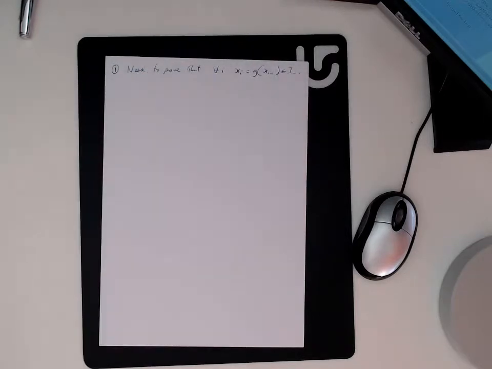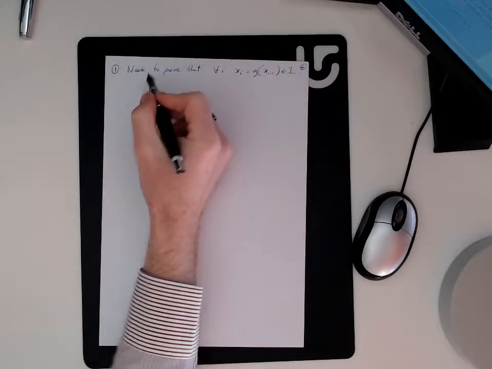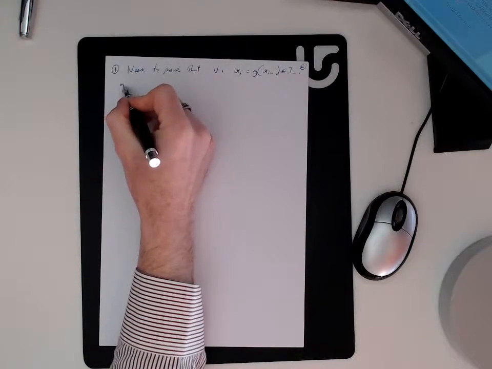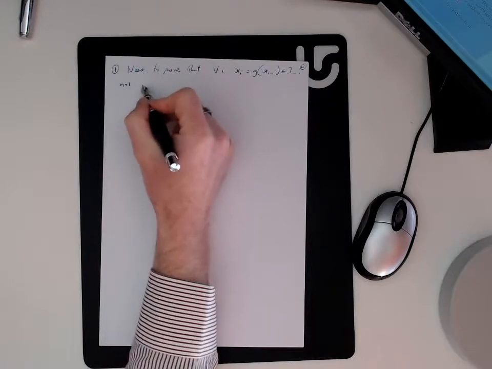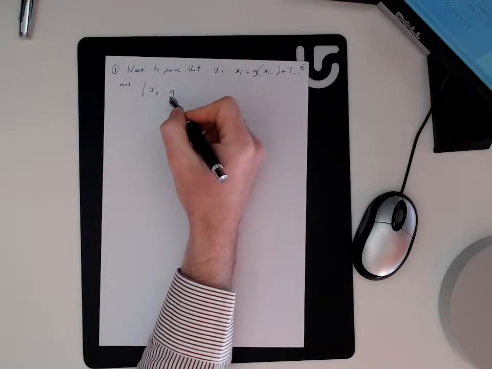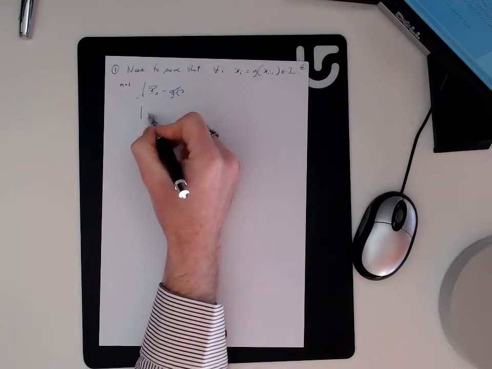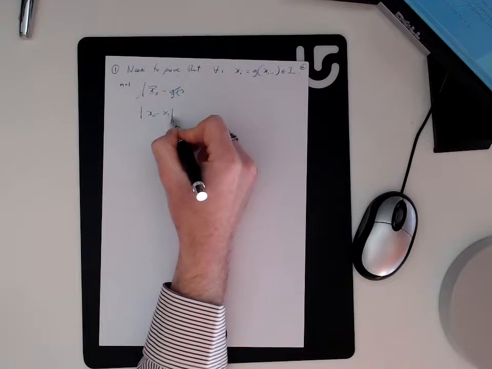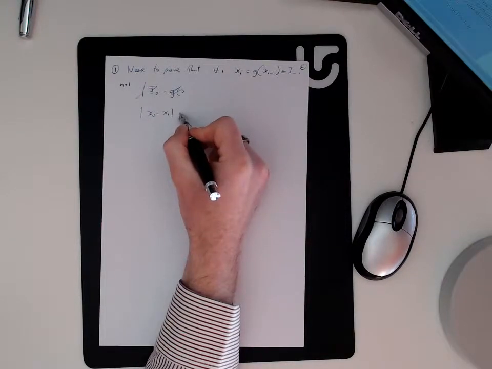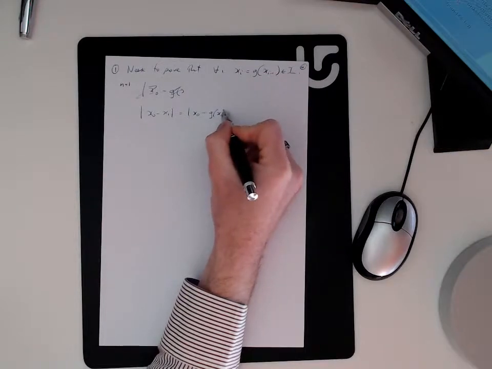This is inductive, so let's do the base case. x0 minus x1 is equal to x0 minus g of x0.